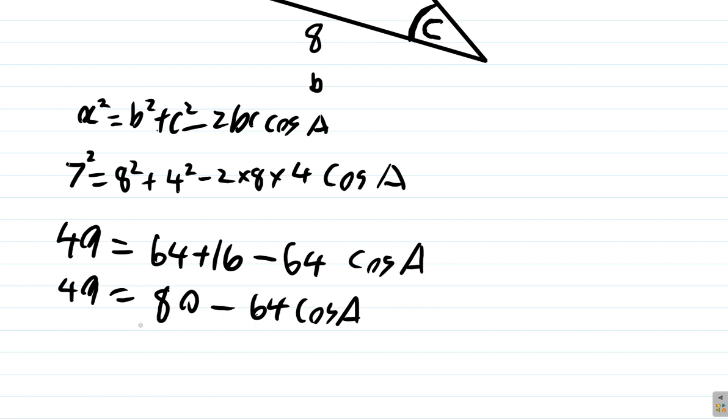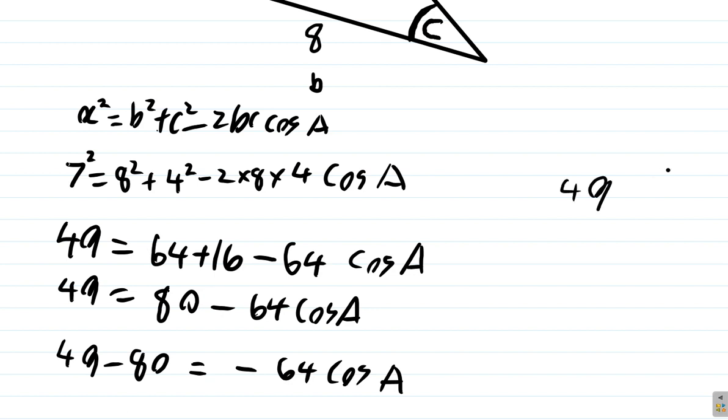So here now, you can subtract 80 from both sides. So 49 minus 80 is equal to negative 64 cosine of A. Be careful to keep the negative sign and don't drop it off. 49 minus 80. What is that? It's going to be the same as 80 minus 49 but with a negative.